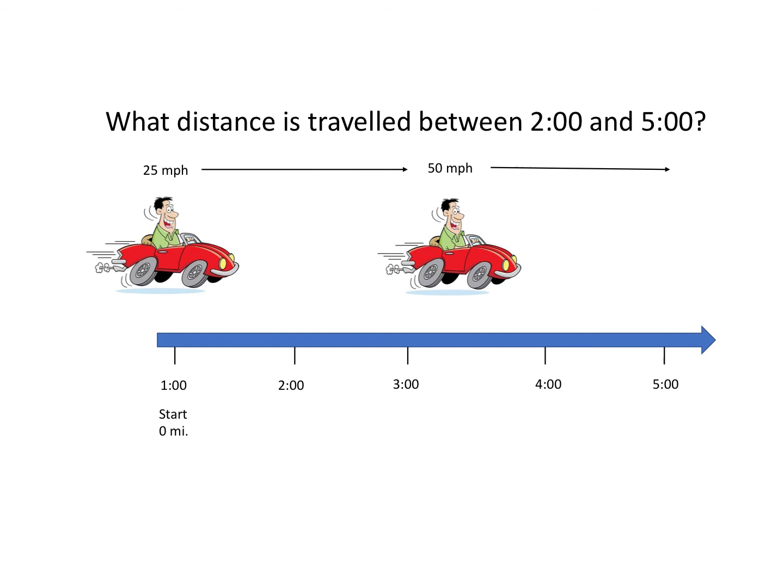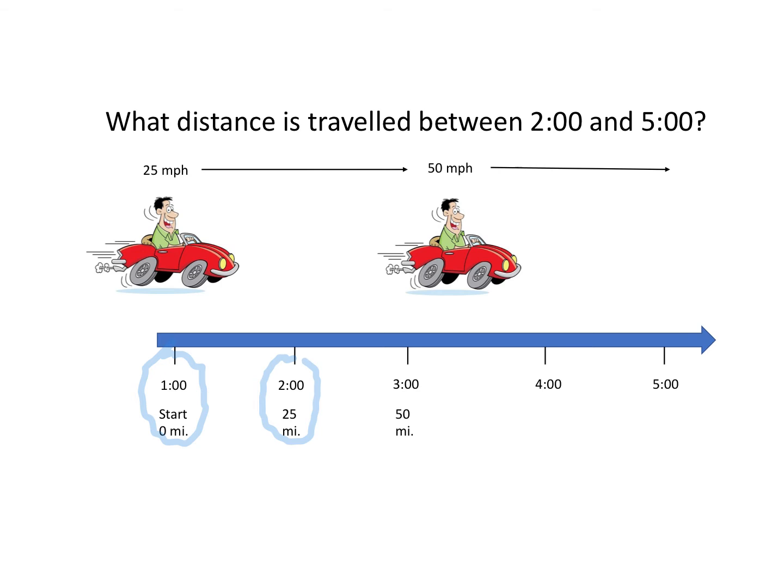So let's say technically he starts off at 1 o'clock, okay? So therefore, that's his starting point. He hasn't traveled any distance, but immediately he increases his speed to 25 miles an hour and drives down the road until he gets to 3 o'clock. So if he started at 1 o'clock and he was 0 miles at that point and traveled for 1 hour at 25 miles per hour, at 2 o'clock he would have traveled 25 miles.